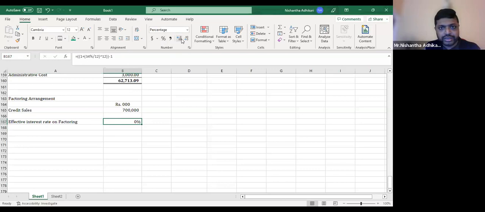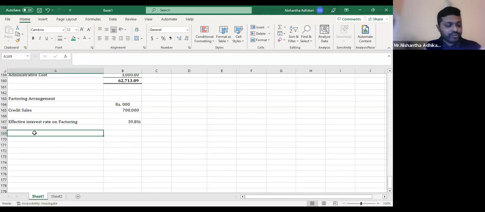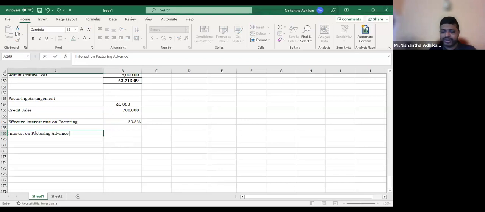If you take the percentage, it is 39.8. That is the effective interest rate. Now, interest on factoring advance. How to work it out?